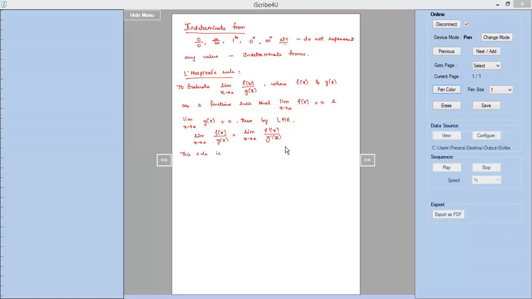This rule, that is L'Hopital rule, is applicable for 0 by 0 and infinity by infinity forms. So if we are talking about any other forms, we need to reduce the indeterminate form to 0 by 0 or infinity by infinity, and then apply L'Hopital rule.